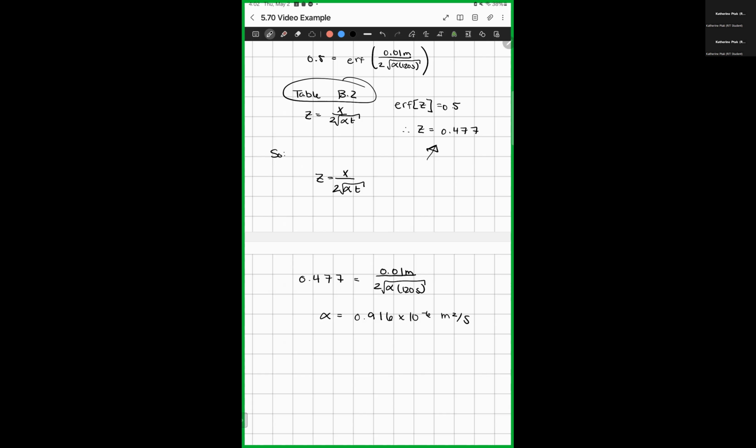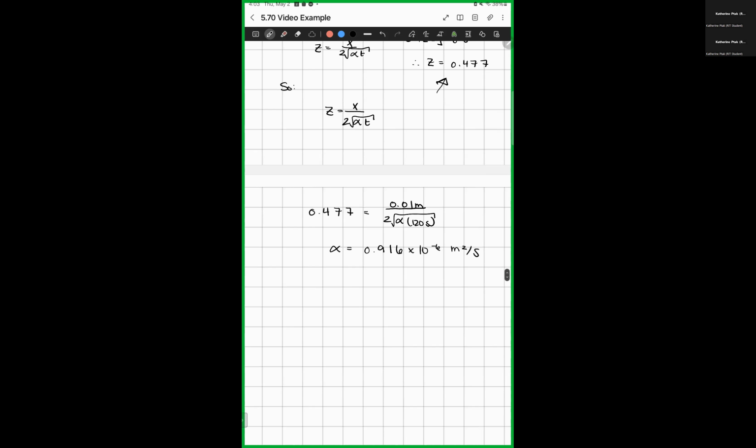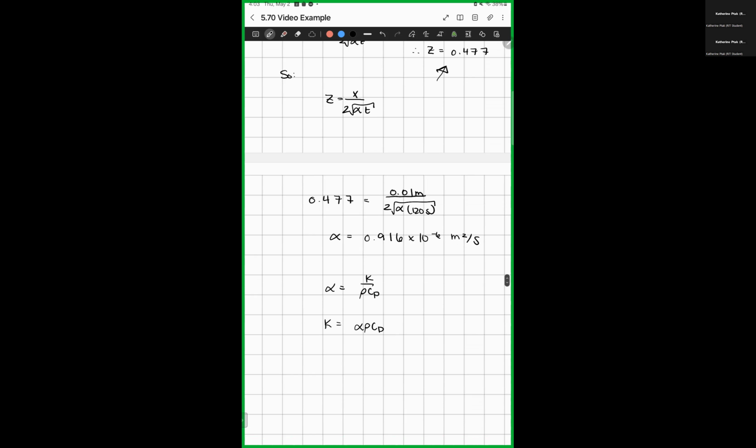So we don't want alpha, we actually want thermal conductivity. So we all know that alpha equals k over rho Cp. Rearrange that for k, we get k equals alpha rho Cp. So now we know that k equals, we just solved for alpha, 0.196 times 10 to the negative 6 meters squared per second.